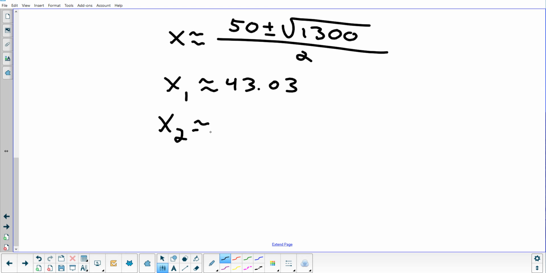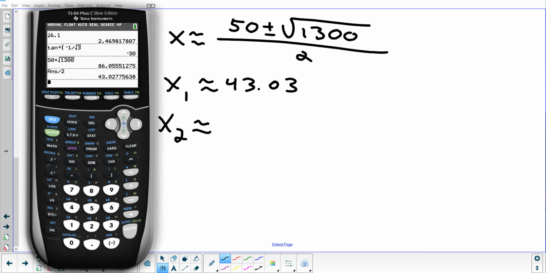And don't forget the other answer for x. 50 minus the square root of 1300 and divide by 2. 6.97.